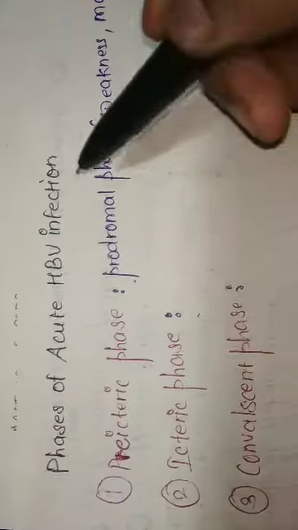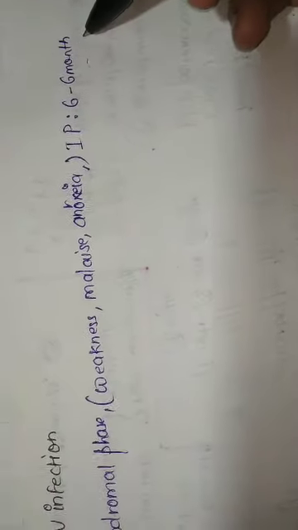In periicteric phase, actually it's also known as a prodromal phase. In that the patient may face weakness, malaise, anorexia, vomiting, and for this periicteric phase, the incubation period is 6 weeks to 6 months.